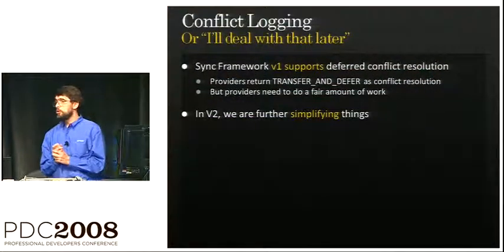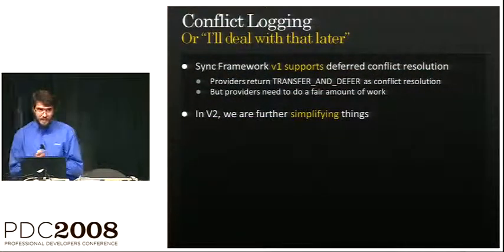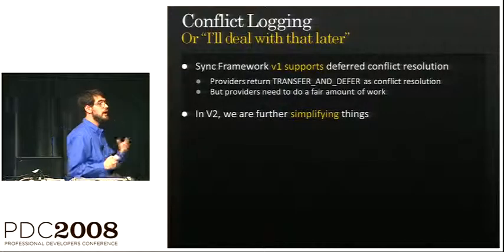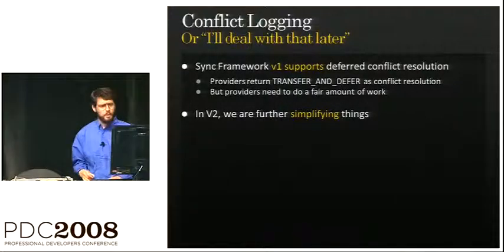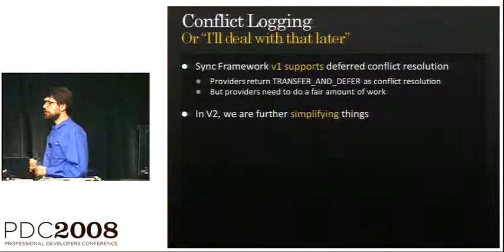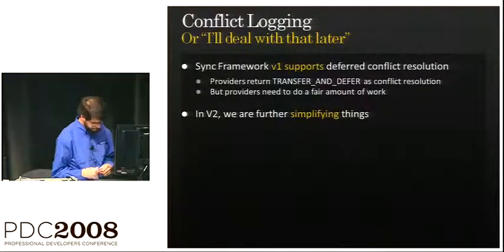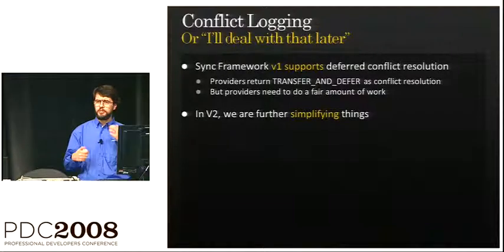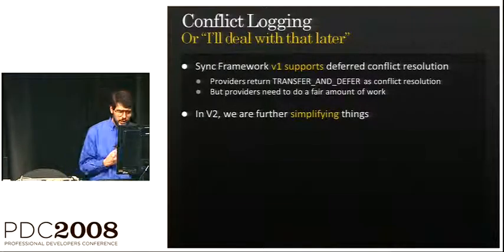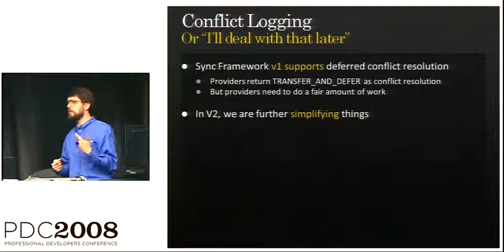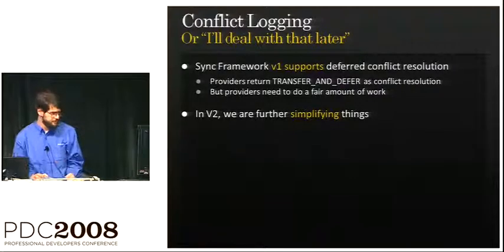The last topic I wanted to talk about today is conflict logging. Again, this is something that is supported by V1. You may recall that a provider can return a transfer and defer option as a conflict resolution action, and in this way indicate conflict logging. But providers in V1 have to do a fair amount of work in order to actually support this.